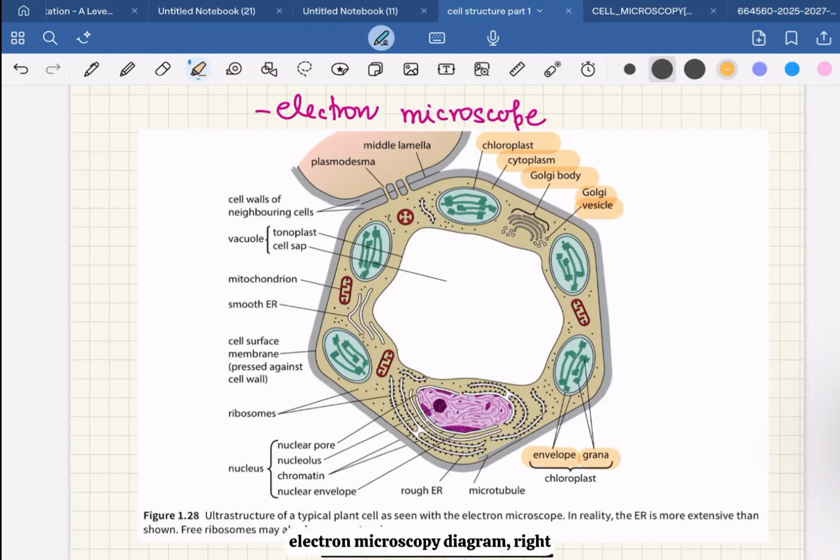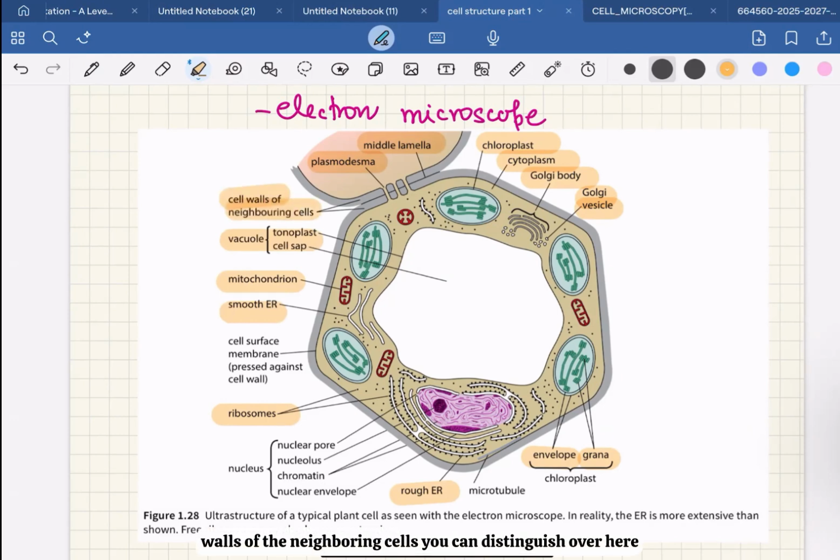electron microscopy diagram, right? Middle lamella, plasmodesma, you can see rough endoplasmic reticulum, you can see the ribosomes over here, the mitochondria, the smooth endoplasmic reticulum, the vacuole, tonoplast and the cell sap of the vacuole as well. Cell walls of the neighboring cell you can distinguish over here, and then the cell surface membrane.